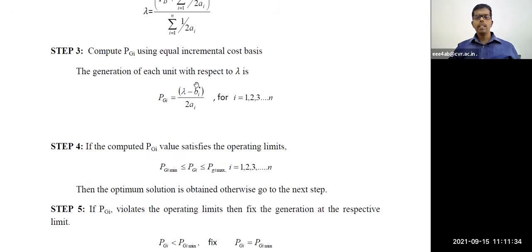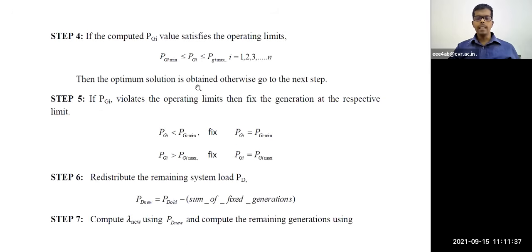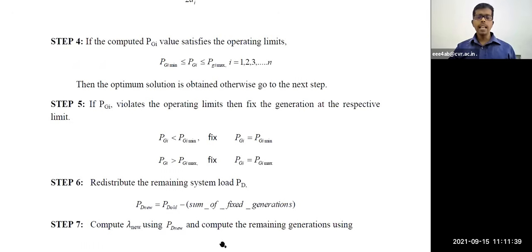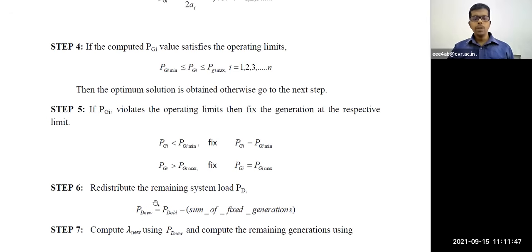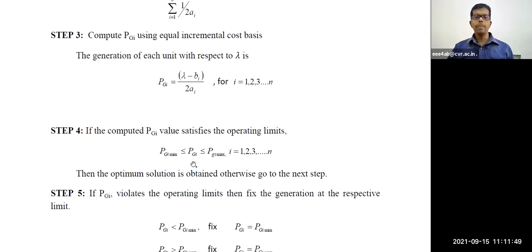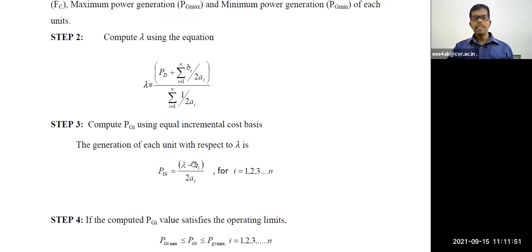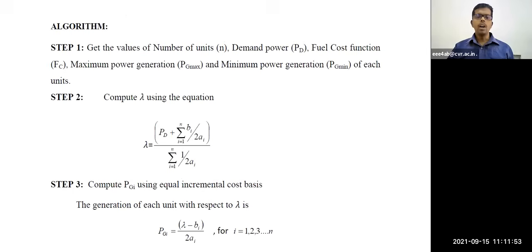So that we need to calculate, and that is only for the remaining generation, not the fixed generation, because for the fixed generation we have already calculated the PD new value. Say for example, in a problem the first generating unit alone is not satisfying the maximum operating limits, so we fix it at the maximum operating limit, say 400 megawatts.